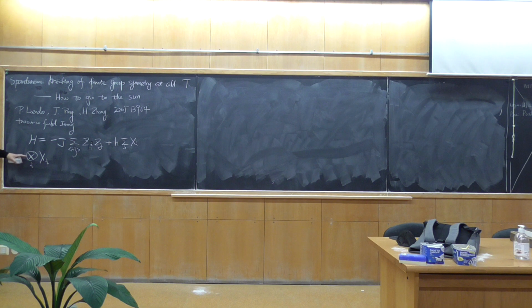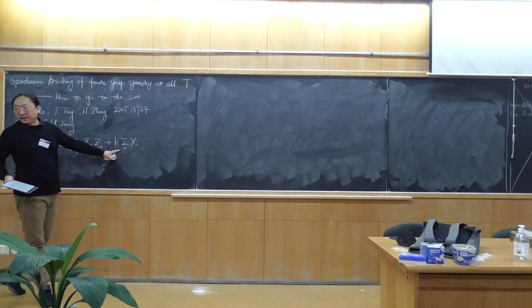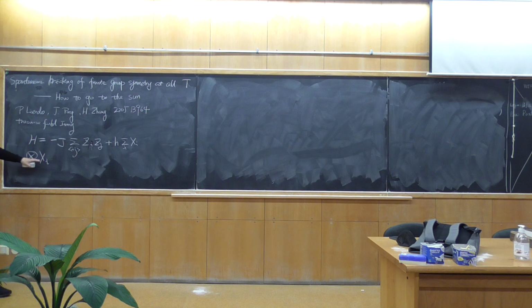If you check it, you would easily see that this commutes with the Hamiltonian, because the X Pauli matrix easily commutes with the X terms. And for the ZZ terms, each Z_i anti-commutes with X_i and gives you a minus sign, but there are two Z_i's, so they give you a plus. So this system has a Z2 symmetry.